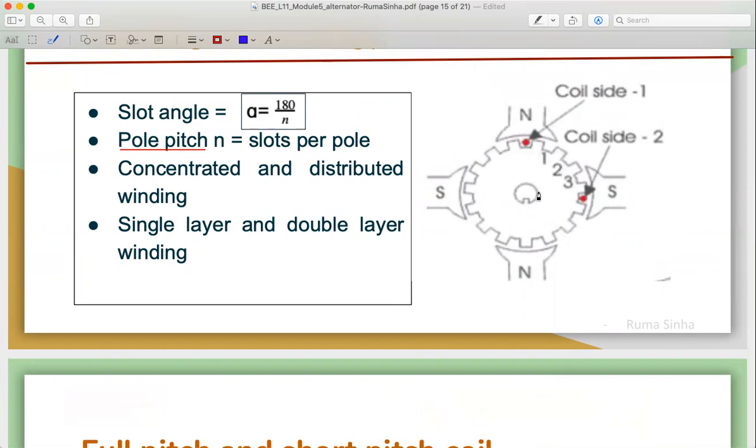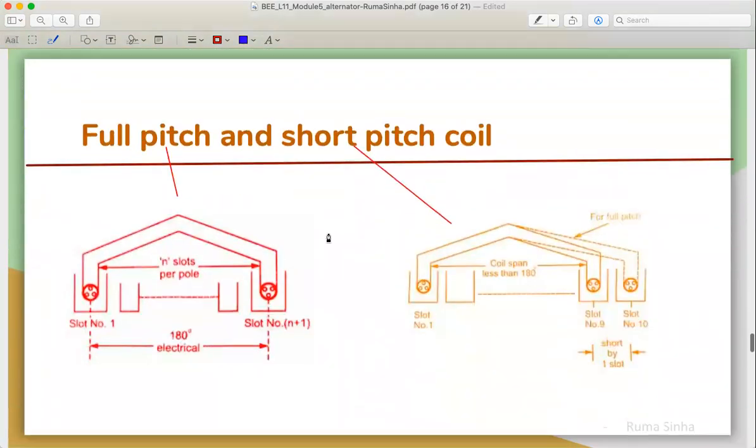So if the distance from one coil side to the coil side with which it is connected is one pole pitch, then we call that a full pitch coil, because when it is a distance of one pole pitch, the angle will be 180 electrical degree. If it is short by one slot or two slots, then we'll call that a short pitch coil.